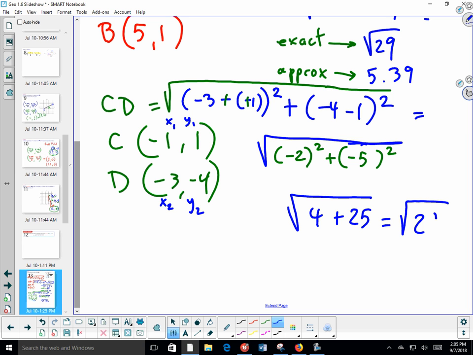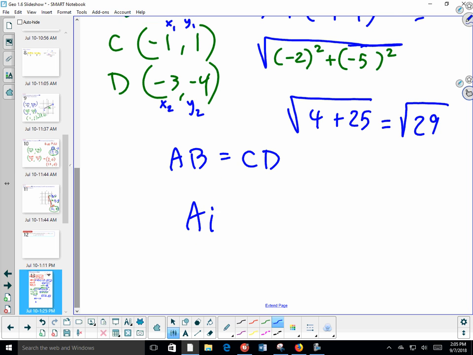Is that the square root of 29? Yeah. Same answer. So that means that the length of segment AB is equal to the length of segment CD, which means that segment AB is equivalent to segment CD. Are we okay with this? Yes. That was a lot.